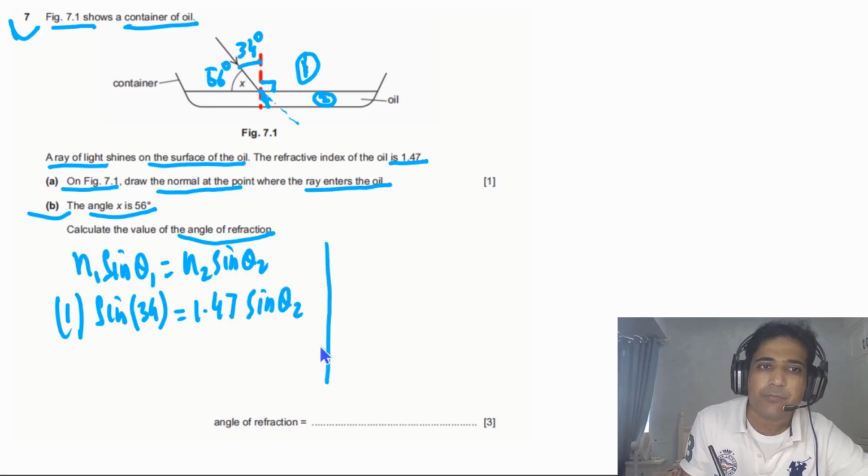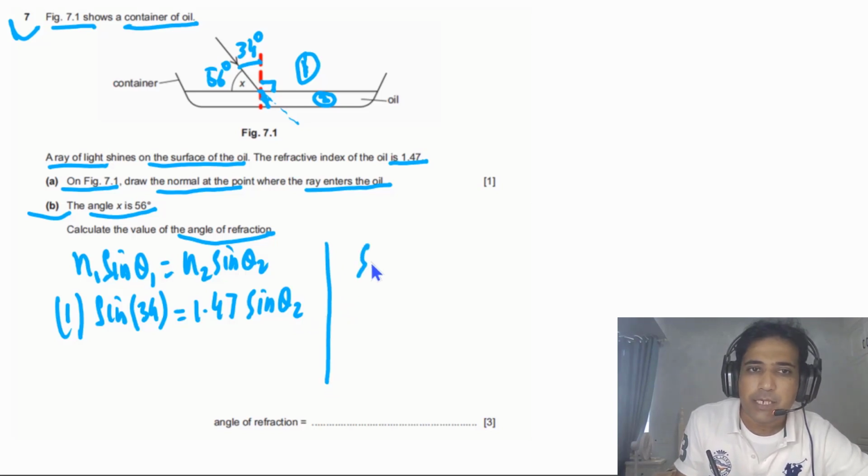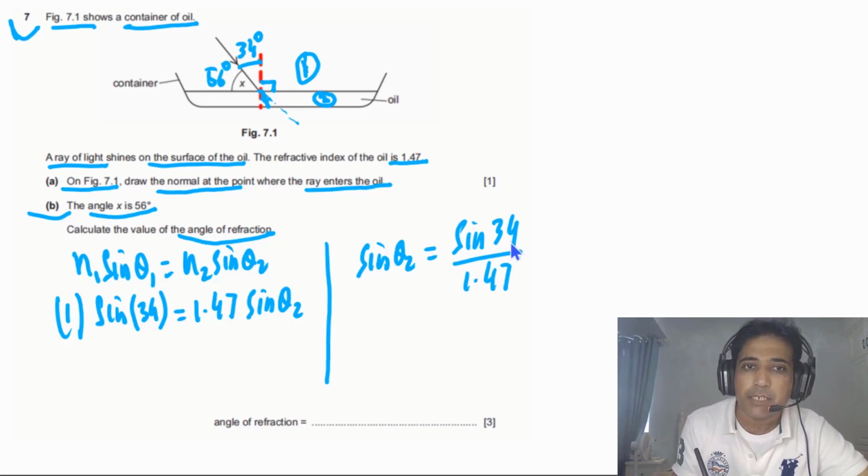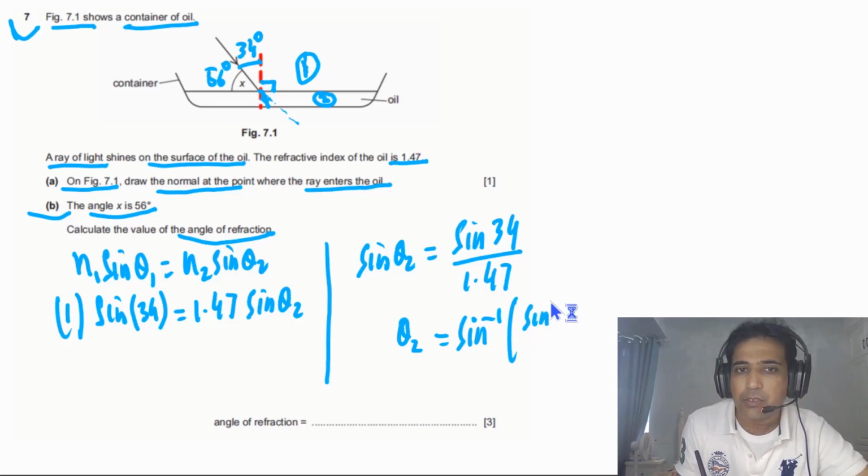If we simplify this, sine of theta 2 will be equal to sine of 34 degrees divided by 1.47. So sine of theta 2 has to be smaller than sine of 34. Theta 2 is sine inverse of sine of 34 divided by 1.47.